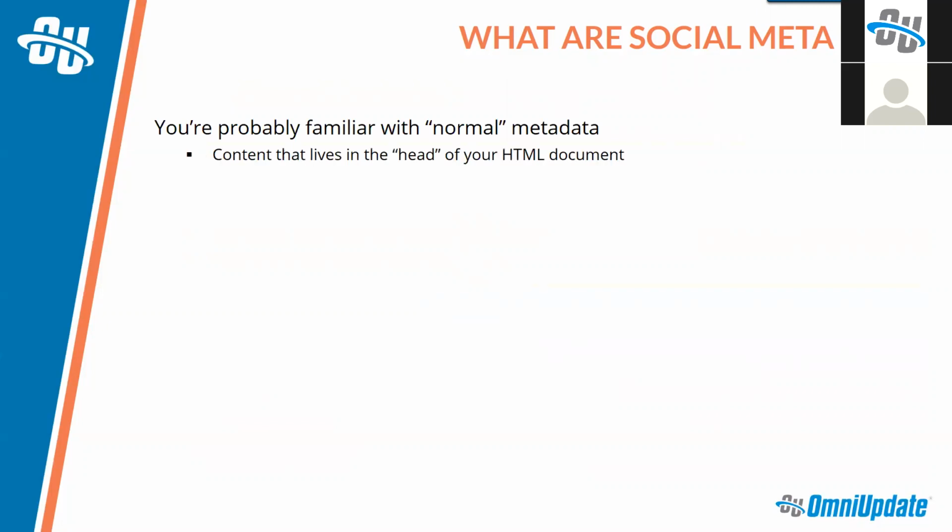So all of that stuff lives in the head of your HTML document, the head tag. So it's not actually going to be showing up on the page itself. It shows up in a section that basically other services are going to read when they scan your pages. So basically the purpose of that is it's just telling people basic information about the page that they're about to travel to. So that's what normal metadata is used for.